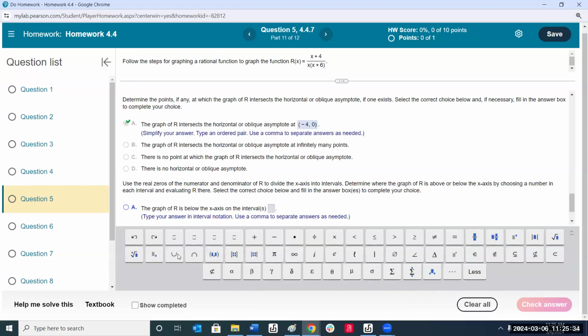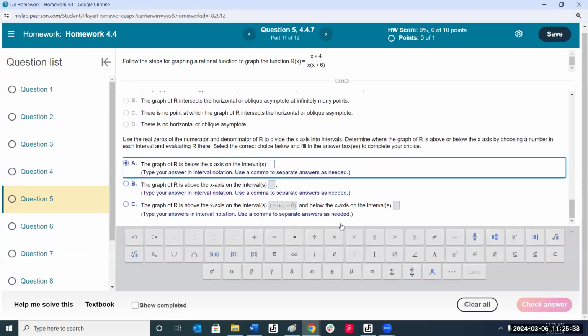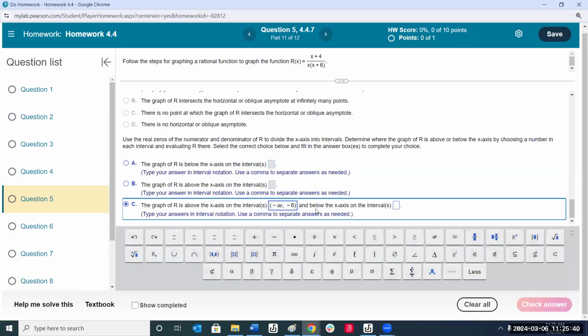Oh, no, it's a second. Oh, that's right, that's two answers. I need to have another answer in there. So, okay, use commas to separate the answers instead of union. Okay, got it. No, it says the graph is above the x-axis, and then the second part is below the x-axis.